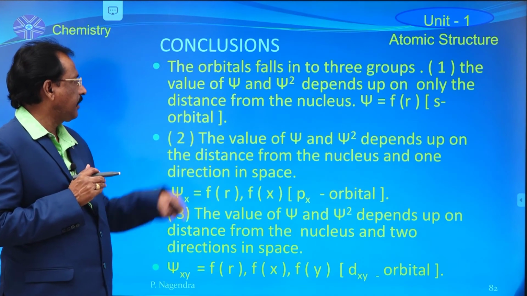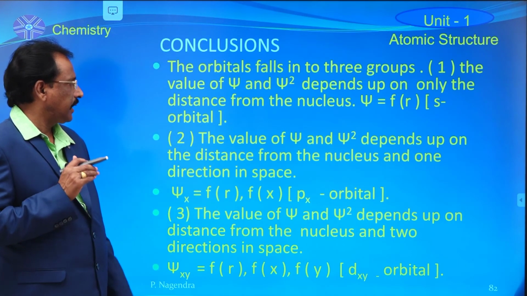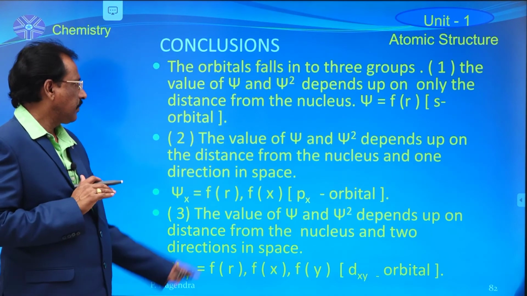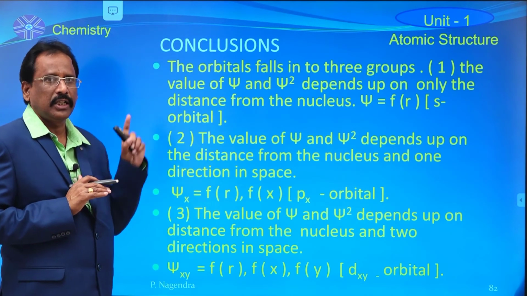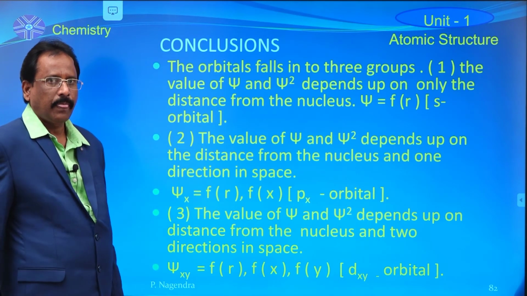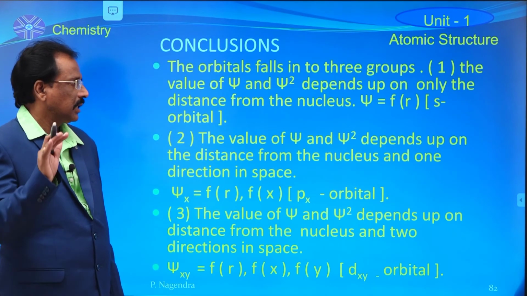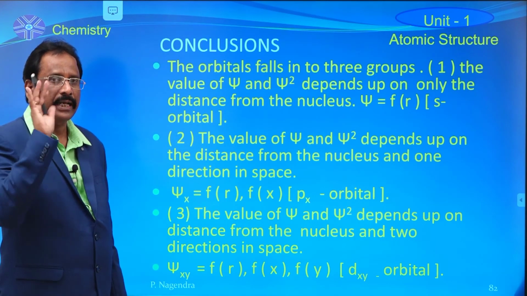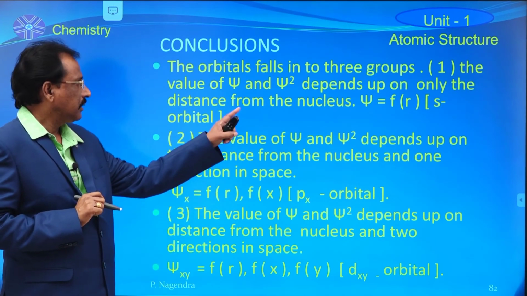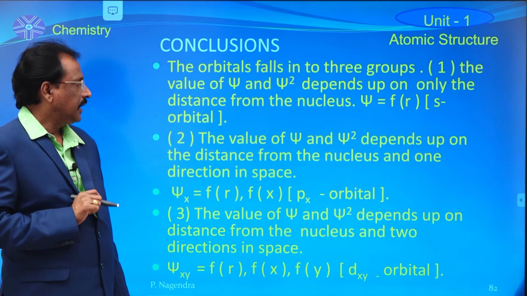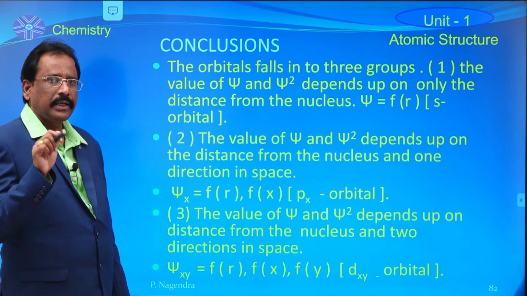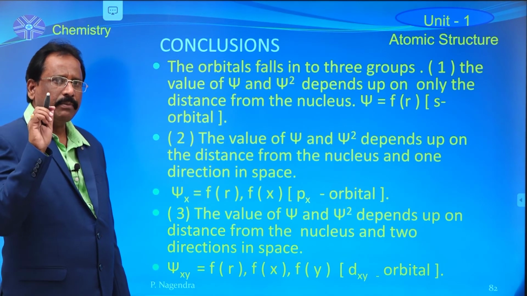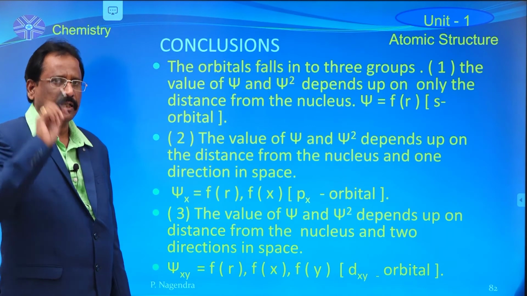That means for s orbital, psi and psi square depend upon only the distance from the nucleus, a function of radial distance only, but not the direction. Remember that, because its shape is spherically symmetrical. Sphere has no direction. But p, d and f orbitals are directional in nature.